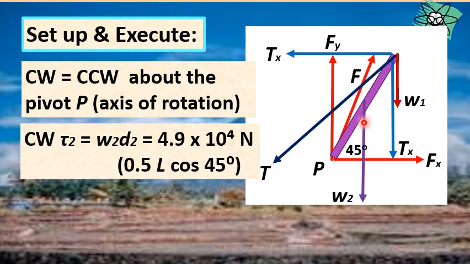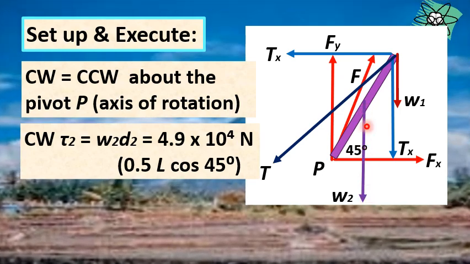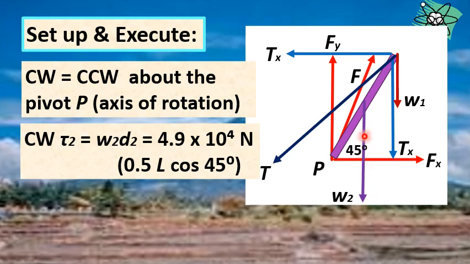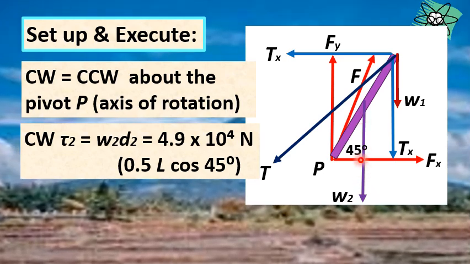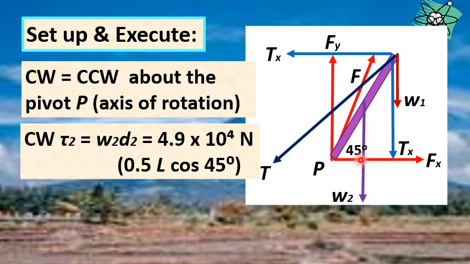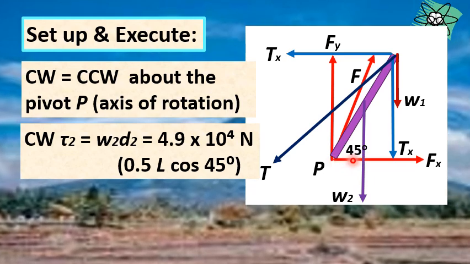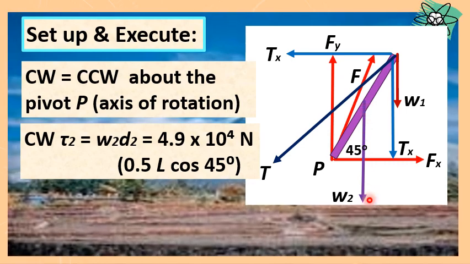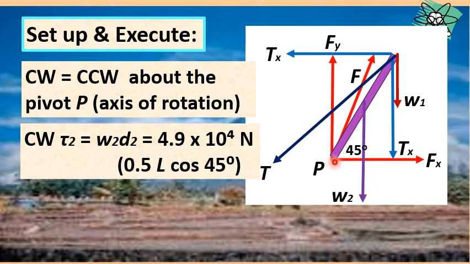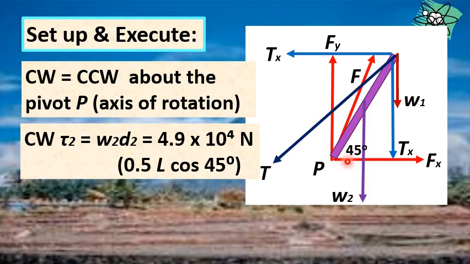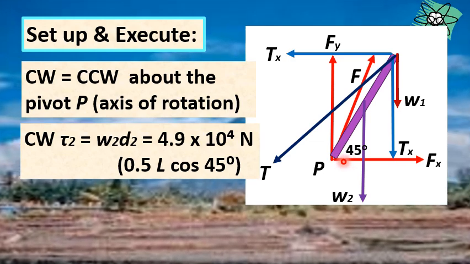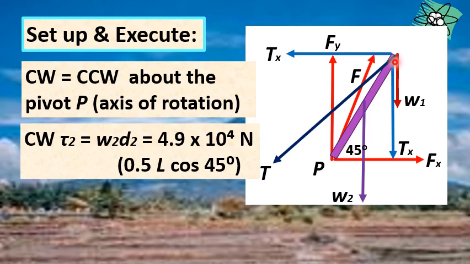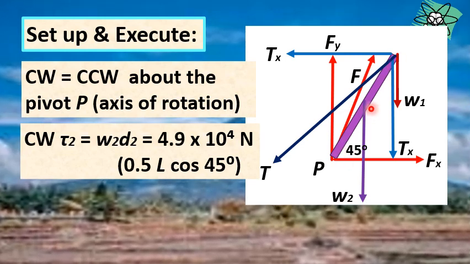So its line of action happens to be a distance equal to d sub 2, where d sub 2 is the perpendicular distance from the line of action of W sub 2 to the axis of rotation. And that happens to be 0.5 times the length of the strut.